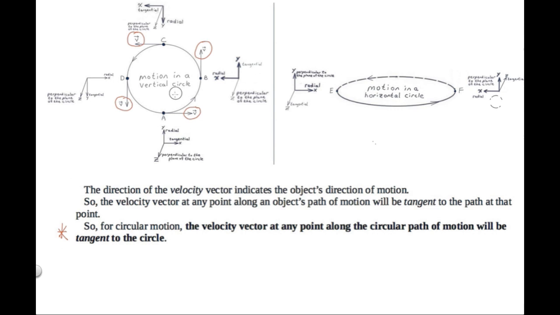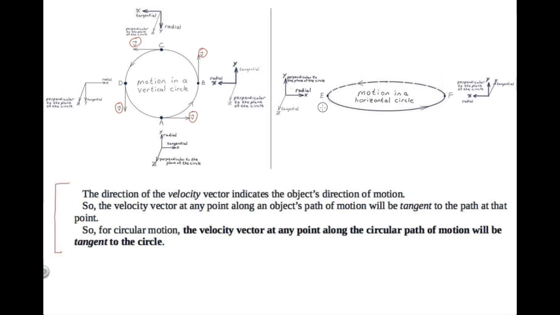Using this rule, we can draw the velocity vector at points A, B, C, and D along our vertical circle. It would be awkward to draw the velocity vector at points E and F on the horizontal circle, but we can describe the velocity vector at point E as pointing tangent to the circle and directly out of the page.